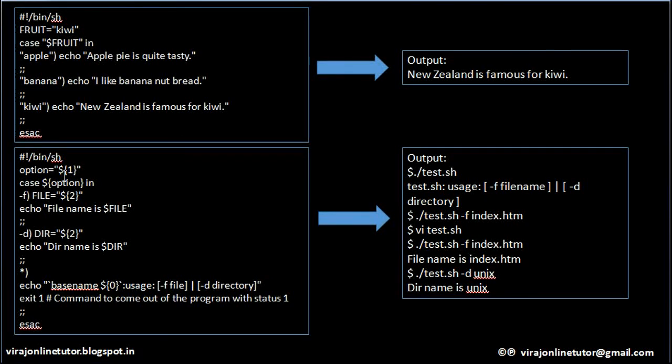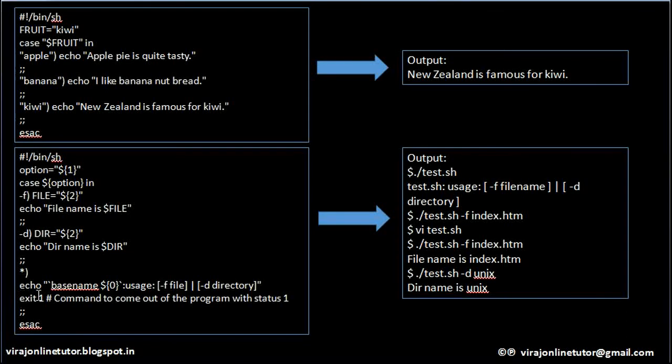If the user had typed in the first option as -d, then whatever is the second command line parameter, I am saving it into variable dir. And I am printing on the screen dir name is dir. And I am breaking out of the case block. Asterisk means if the first parameter that the user had typed is neither -f nor -d, anything else, then this is like your default case.